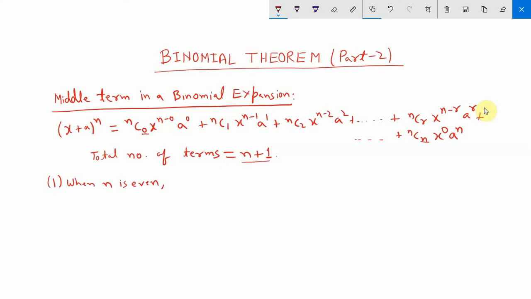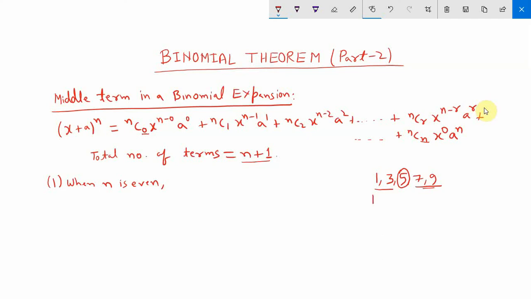Okay, so if we see, 1 3 5 7 9, here we have 5 terms. If we see, two terms from first and two terms from last, so we will have only one middle term. So when n is even, the total number of terms will be odd and we will have one middle term.